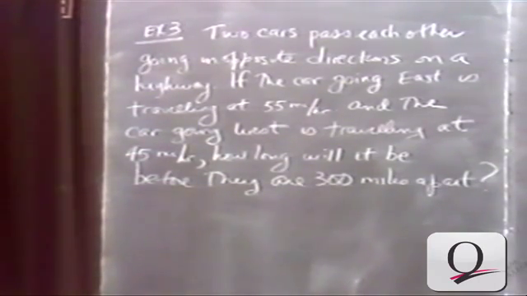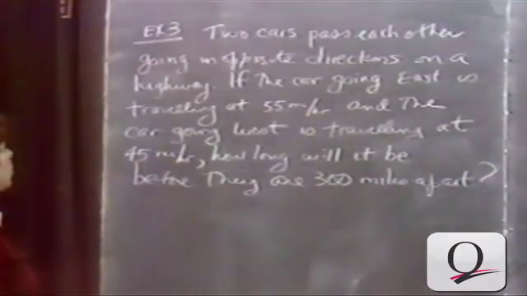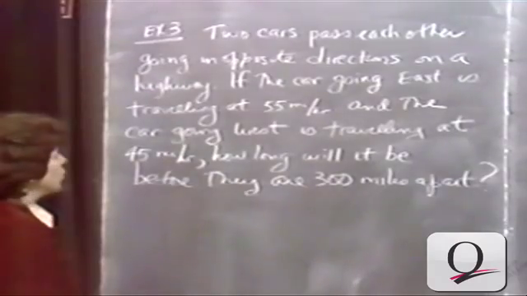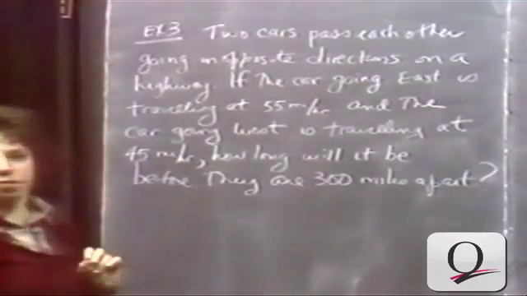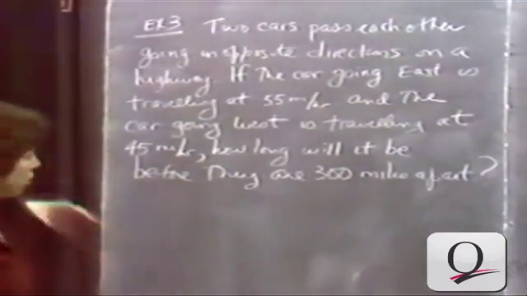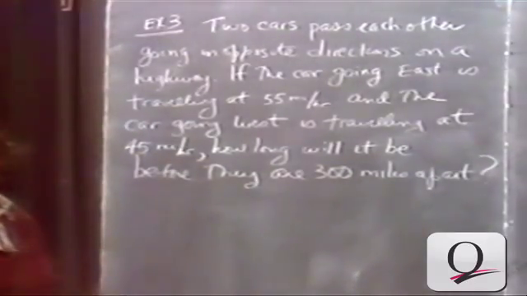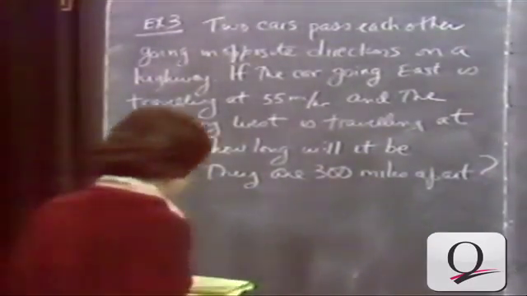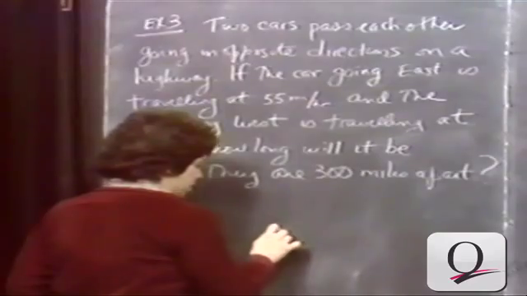We have two cars that pass each other going in opposite directions on a highway. Okay, well, common sense tells us that we're not really interested in what happens to these cars before they pass each other. As far as we're concerned, the problem starts at the moment that these two cars pass each other. Let's say they pass each other here.